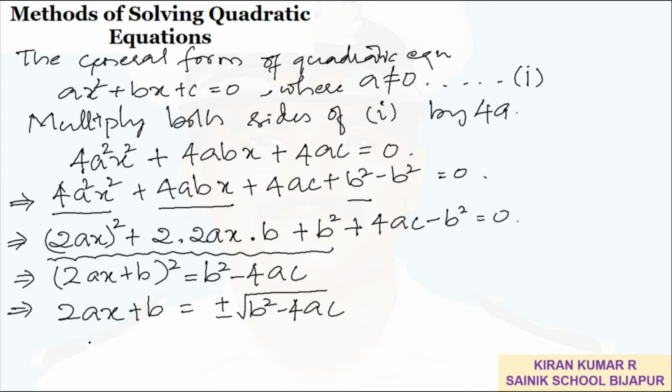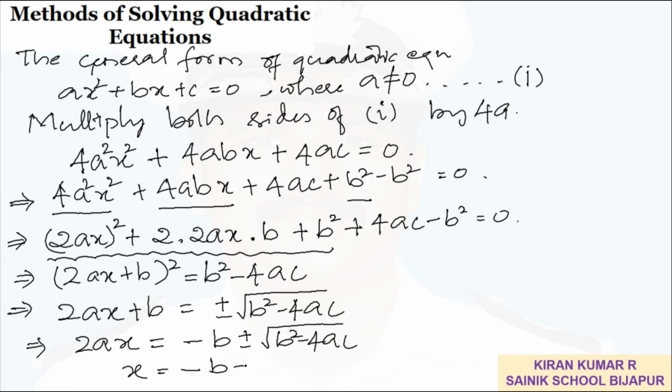Now you transpose b to the right hand side, so 2ax will become minus b plus or minus root of b square minus 4ac. So x will be minus b plus or minus root of b square minus 4ac divided by 2a.